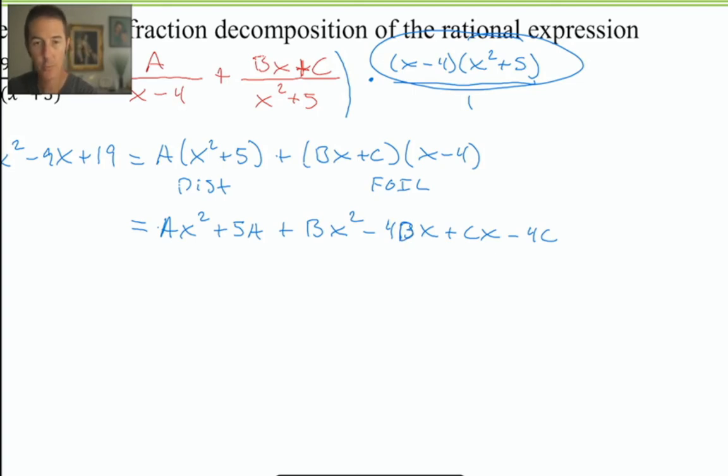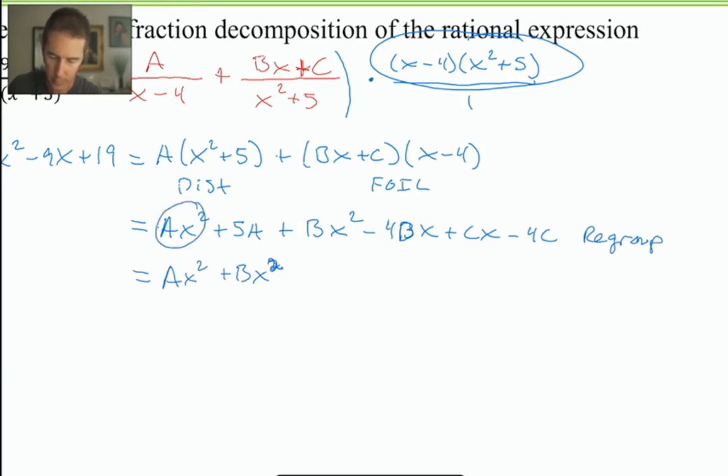And then I'm going to regroup. Let's write our squared terms first. That's ax squared plus bx squared.